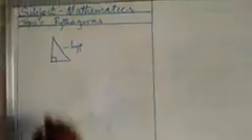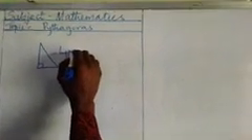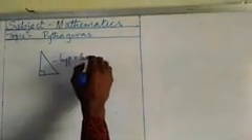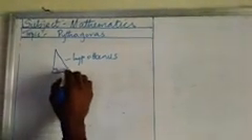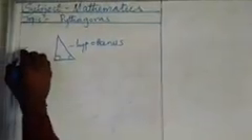Now, this side is the hypotenuse. Okay. And where this angle is facing is always the opposite. Now, this angle may be here also. So, this opposite does not have a permanent place.